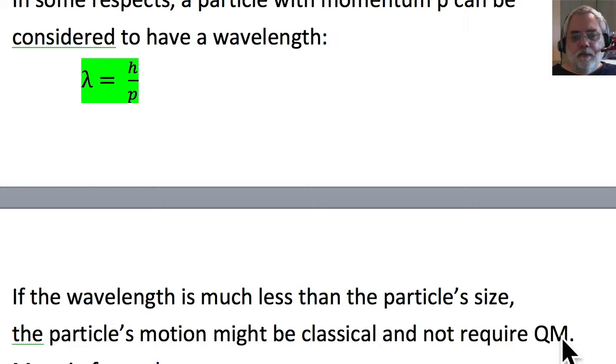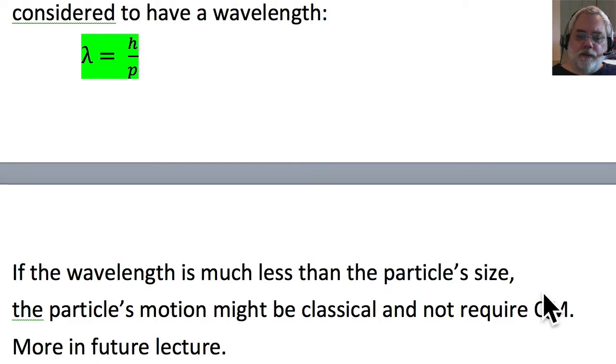So this can be a way for us to gauge, do we have to use quantum mechanics or can we use classical mechanics? It's a little subtle. We're going to talk about this more in a future lecture. If I talk about the subtleties now, it may confuse you in a way that I don't want to confuse you.